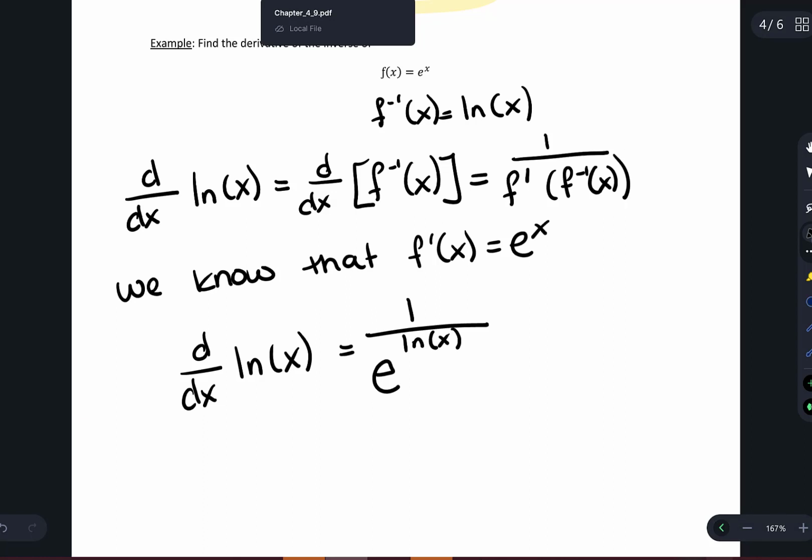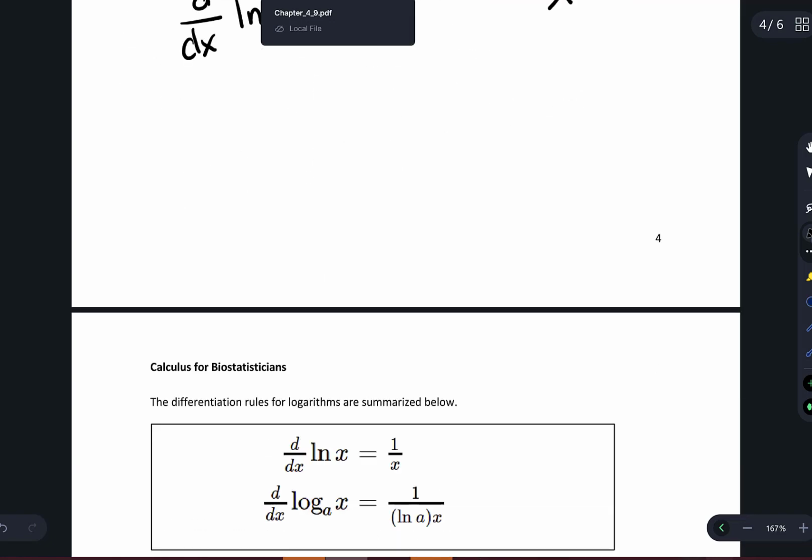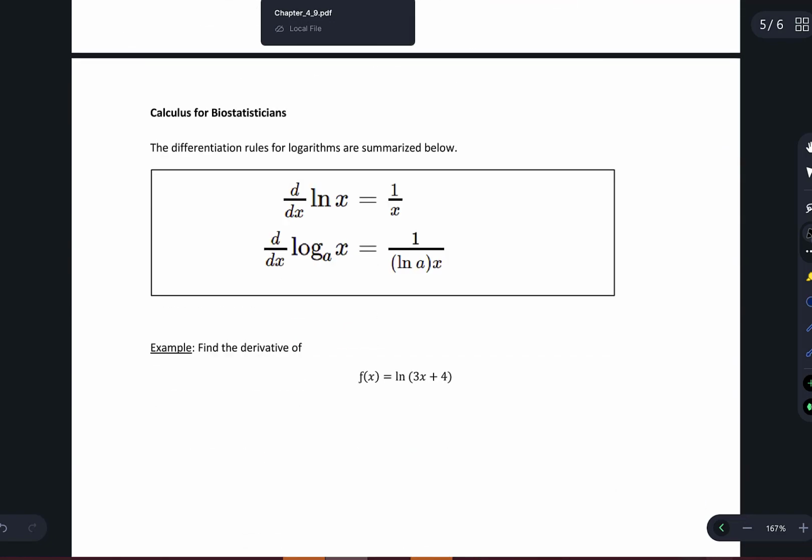Well, we know that e to the natural log of x is just equal to x, so we end up with 1 over x. So the derivative of the natural log of x is equal to 1 over x. We have that summarized right here. So this is for when we're working with base e, and this is when we're working with any other base.